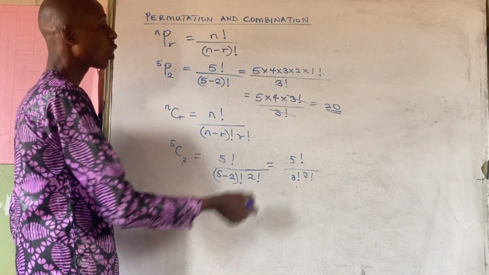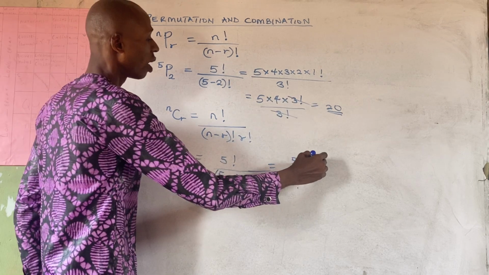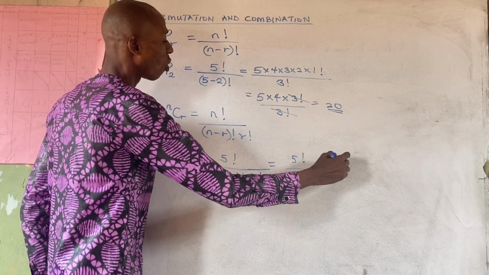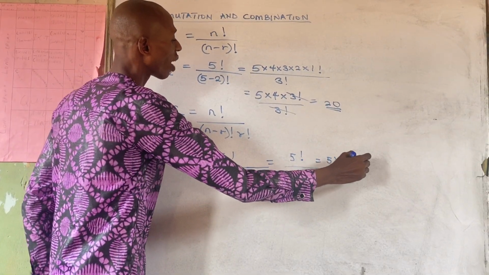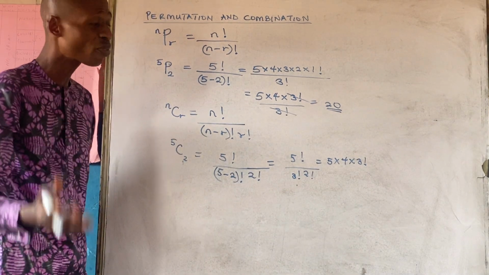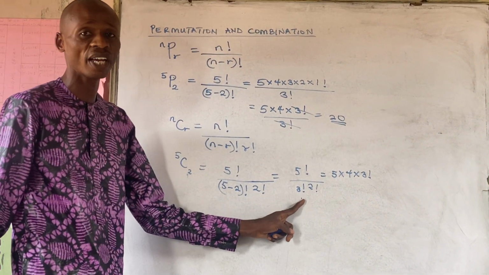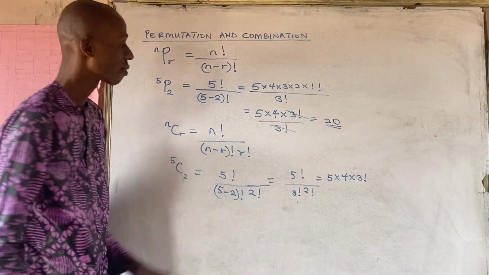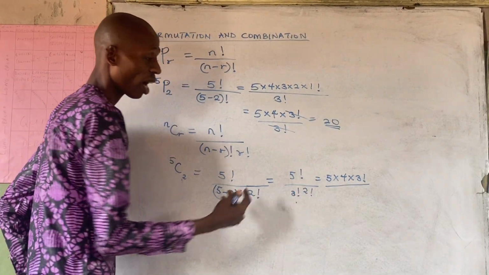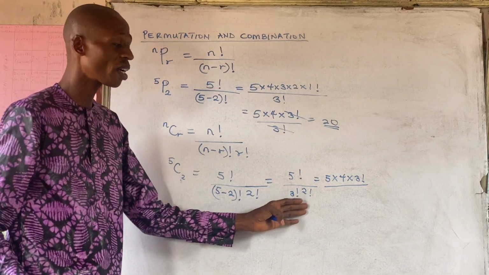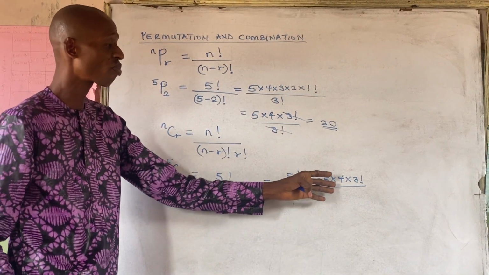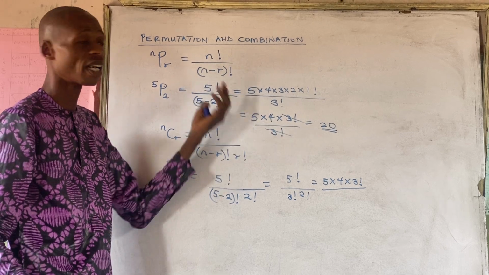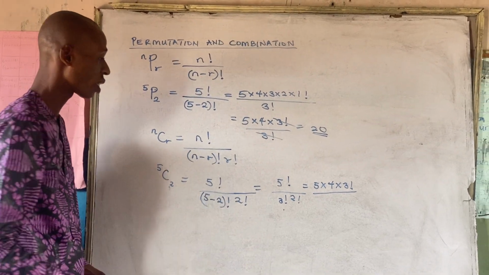In moving forward, just as I explained in permutation, I will just say 5 times 4 times 3 factorial. Why did I stop at 3 factorial? Because I have 3 factorial in the denominator. Alright? So, if I do not have any factorial or whatever in the denominator, I'm just free to go on to the last and have the multiplication.